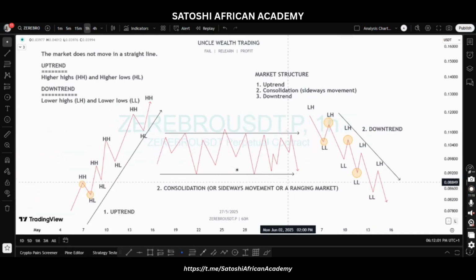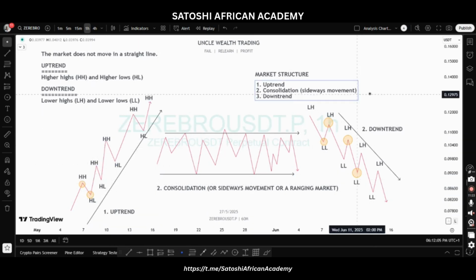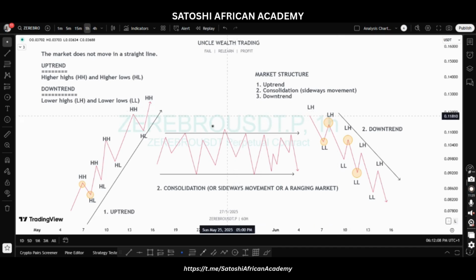So that is it. Once you understand it, it makes things easier whenever you're looking at the chart.